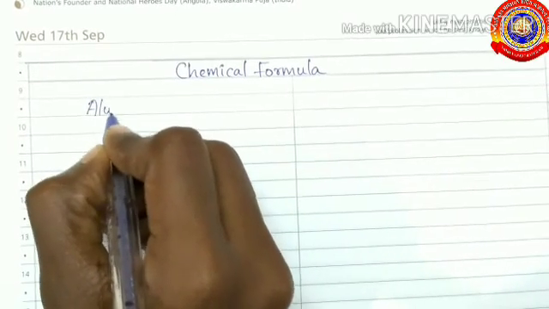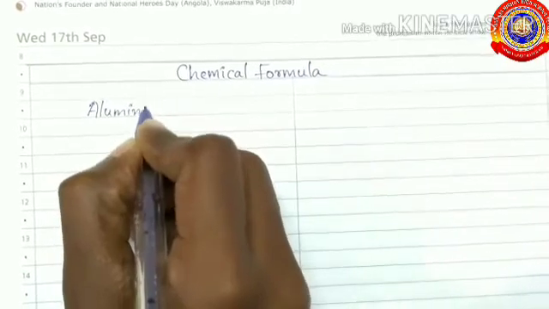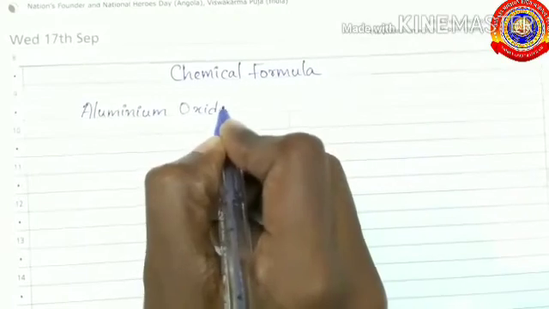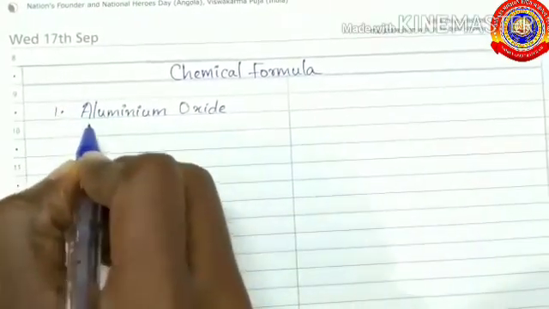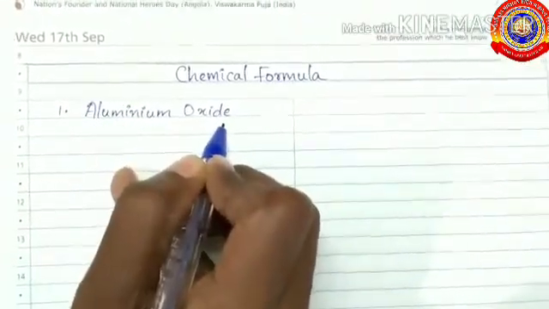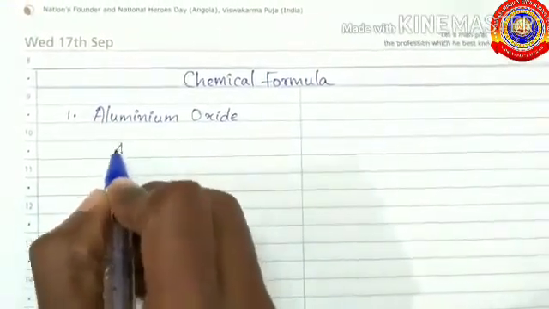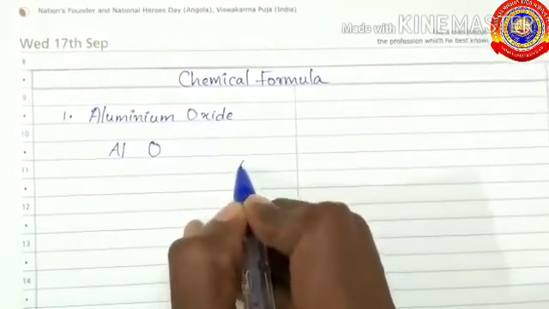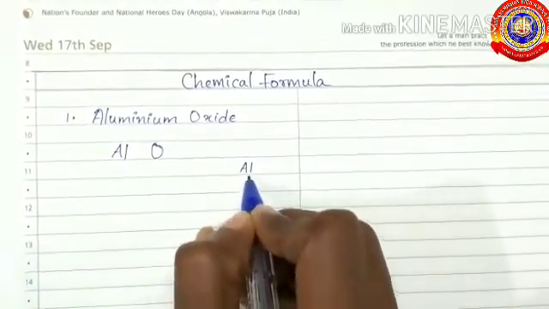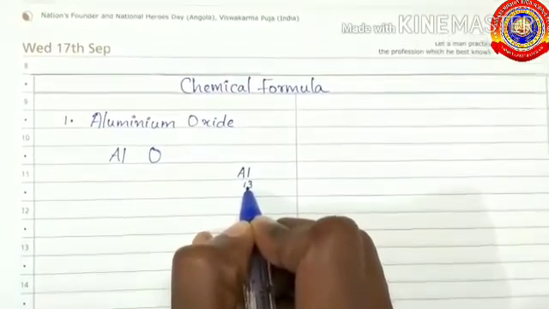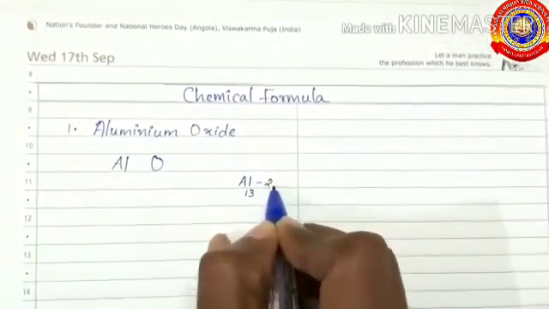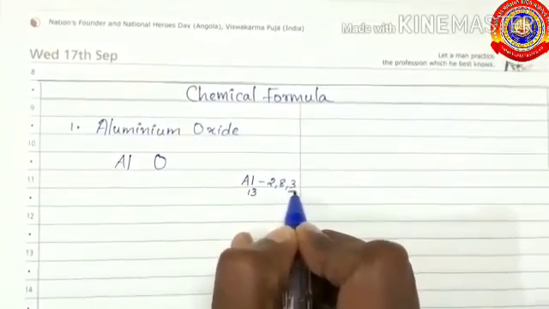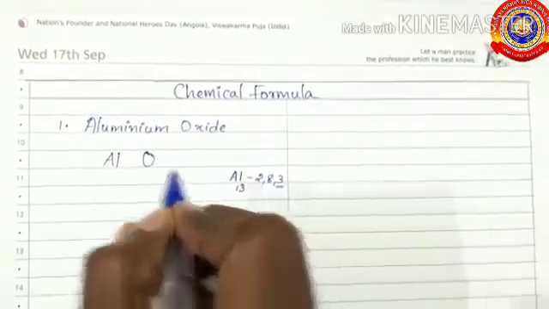Look at the example of writing the chemical formula of aluminium oxide. As per the rule, the element having lesser electronegativity should be written first, and the constituent elements present in aluminium oxide are aluminium and oxygen. Since aluminium donates 3 electrons to attain stability, it becomes electropositive in nature. From the configuration, you can write the valency as a subscript.